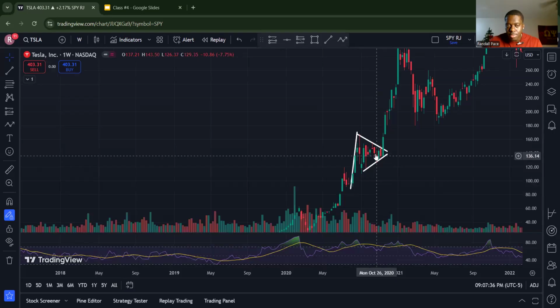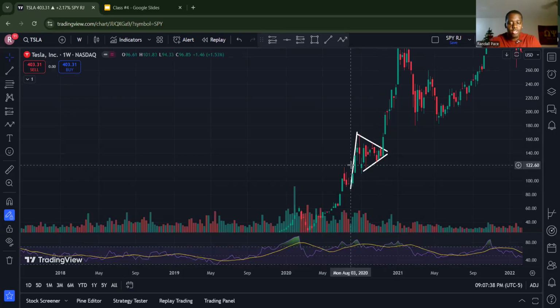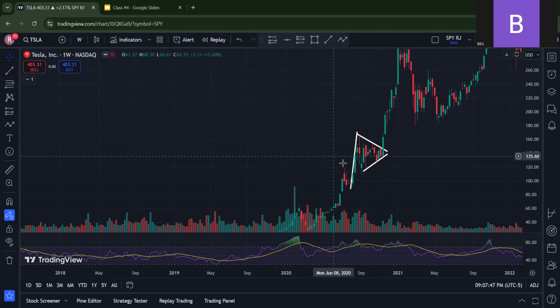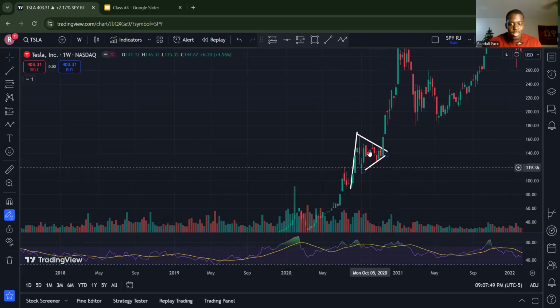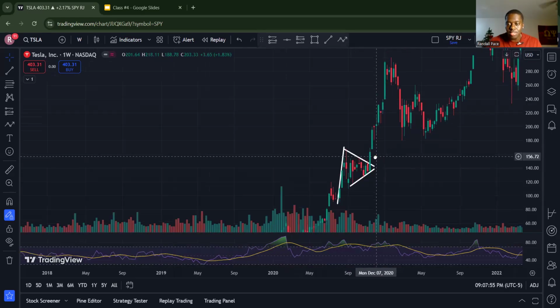So it's conflicting. A triangle pattern tells you that there's indecision in the market, and that's shown because you've got two different trends at one time. So you just wait and see who wins. And yeah, bulls end up winning big time.